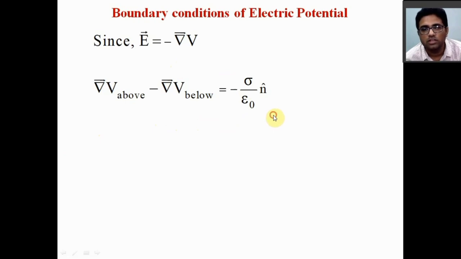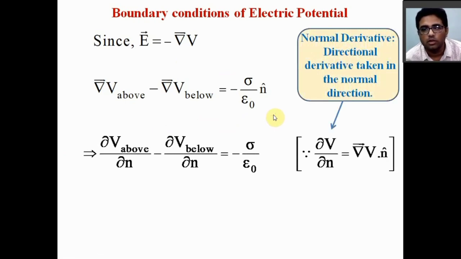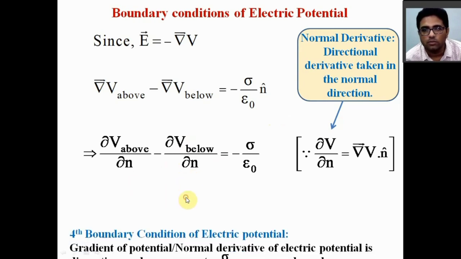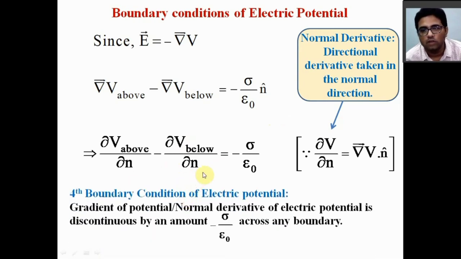Now if we use the definition of the normal derivative, which is the directional derivative taken in the normal direction, we get this form of boundary condition. That is, the gradient of potential, or normal derivative of the electric potential, is discontinuous by an amount of minus sigma divided by the free space permittivity across any boundary.